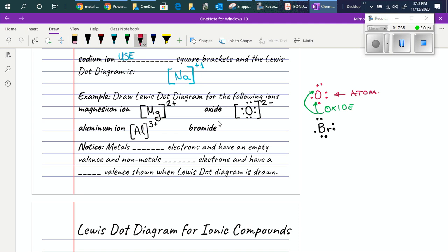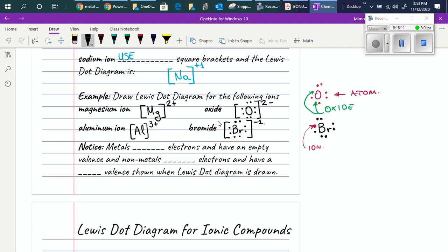However, when it becomes an ion, 1 electron is added, completing the outer shell. So this is the ion, and for the Lewis dot diagram for the ion, we use square brackets to show that we are dealing with an ion, with a full valence shell completed, and this will be -1.